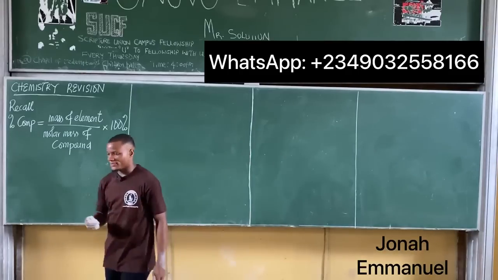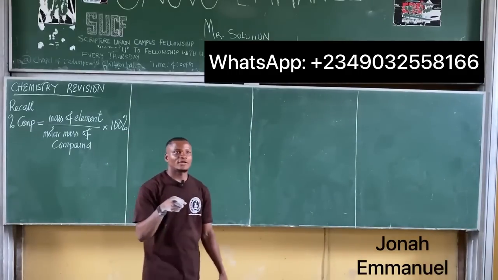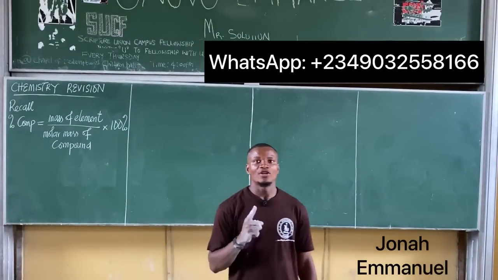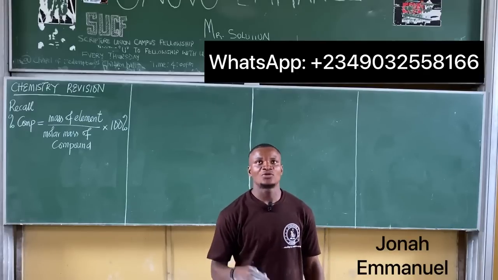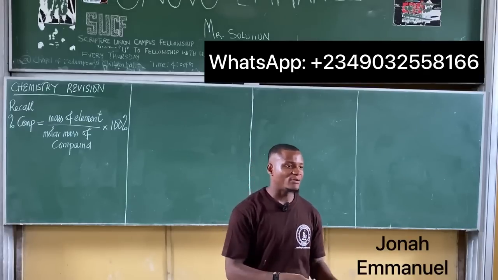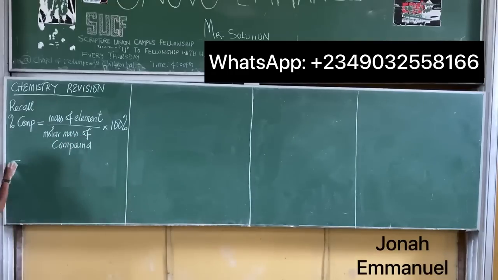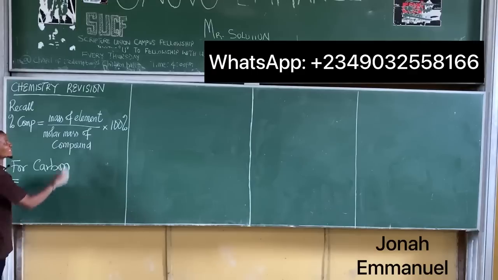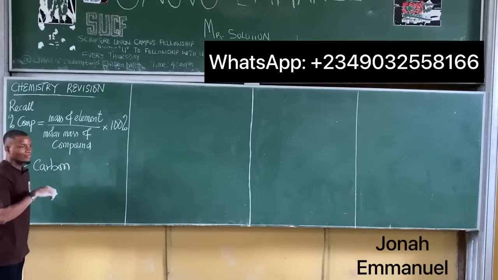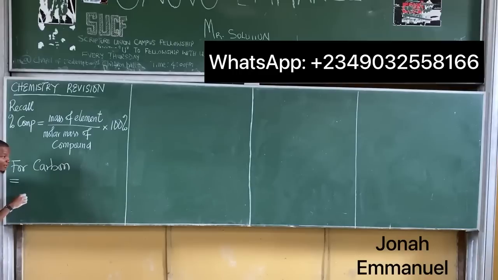In this particular compound, carbon suboxide, we know it should contain carbon and oxygen. So let's start with the first one. For carbon, percentage composition is equal to, please check, what's the mass of carbon as given? 1.2.